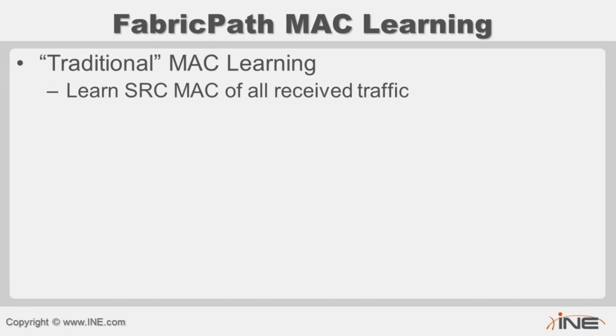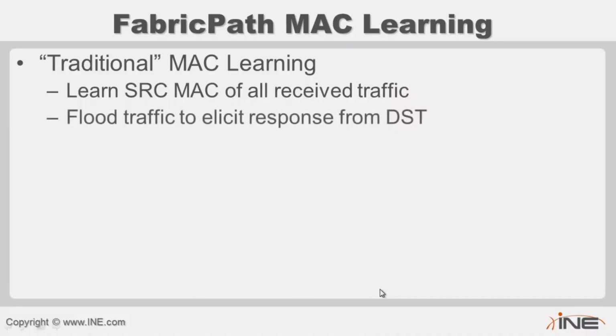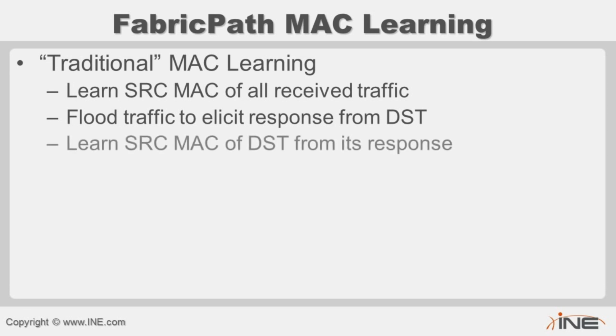Now when I receive the frame, I have implicitly learned the source address, but maybe I don't necessarily know the destination address. So in order to learn the destination address, I'm then going to flood the traffic everywhere. This is why we have our unknown unicasts flooded as broadcasts, or our unknown multicasts flooded as broadcasts in the layer 2 network, because the idea is that we're trying to get a response to come back in from the destination, which would allow us to learn the source MAC address of what the original destination was.